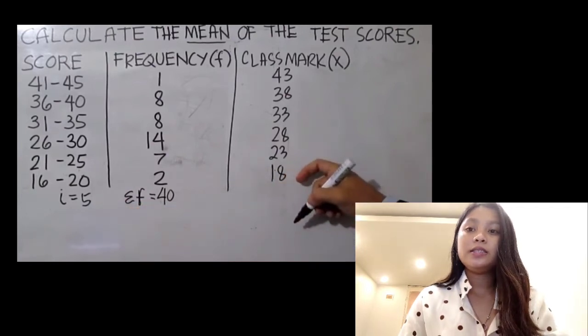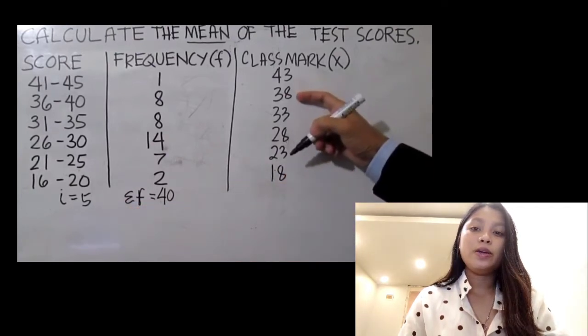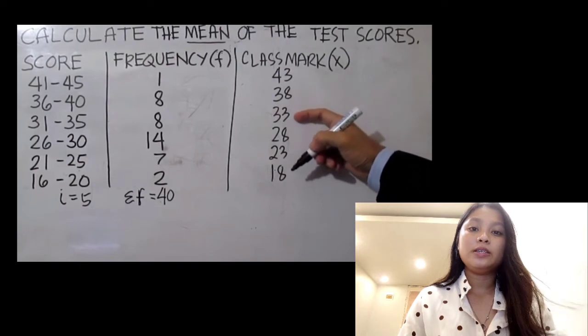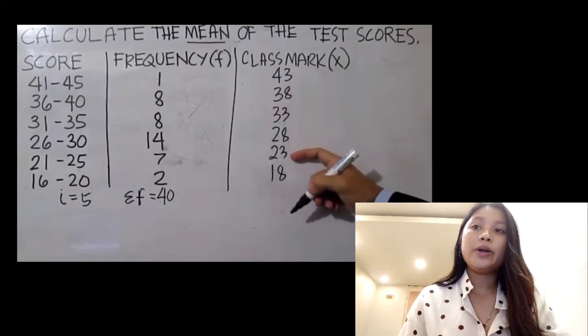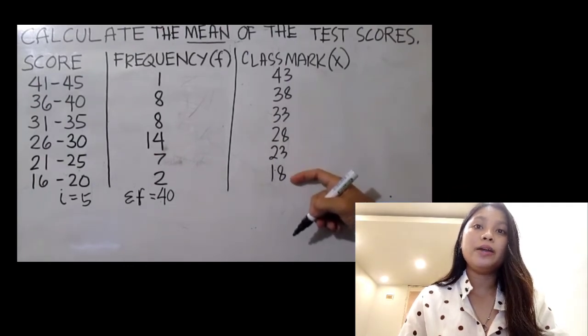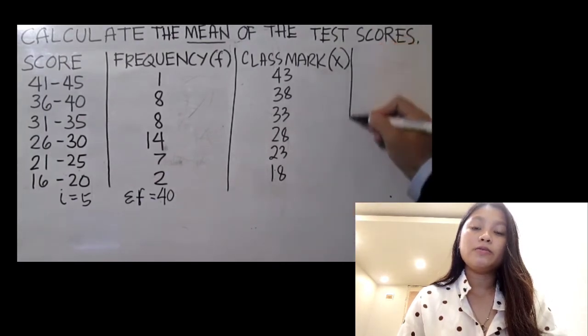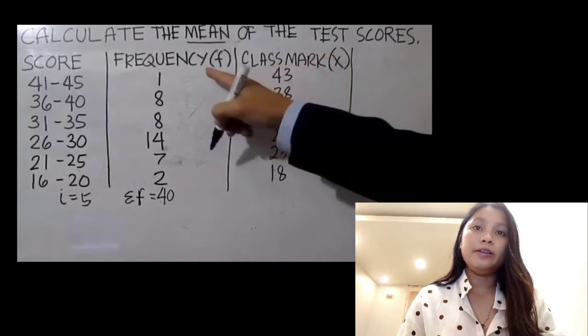Then 16 plus 20 divided by 2 is 18. Remember that our class width is 5. So 43 minus 5 is 38, 38 minus 5 is 33, 33 minus 5 is 28, 28 minus 5 is 23, 23 minus 5 is 18.